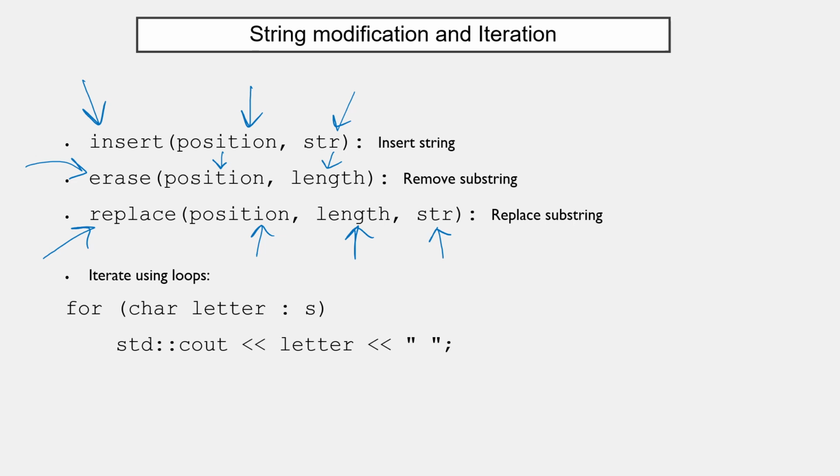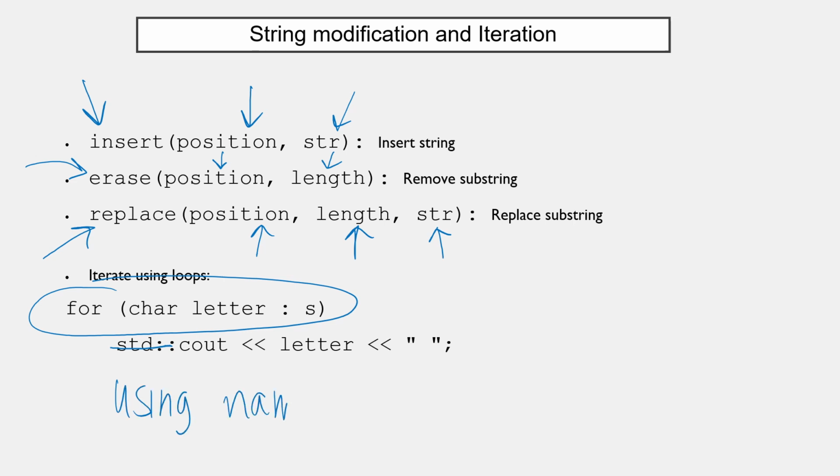And this is another way to do for loops. Instead of saying i equals 0, you can say I want to go through and iterate and display the letters. You shouldn't need to use this because you're using namespace standard.